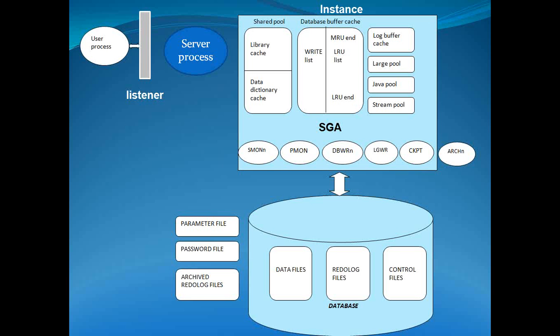It will collect the username and password from the application and send this information to the server side, the Oracle database. On the database side, there is a component called the listener. You can see an arrow mark and a gray color bar over there. We call it the listener.